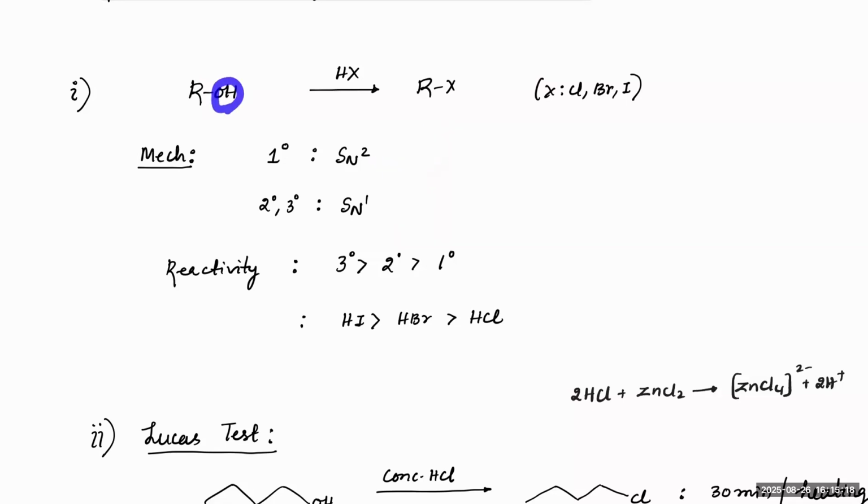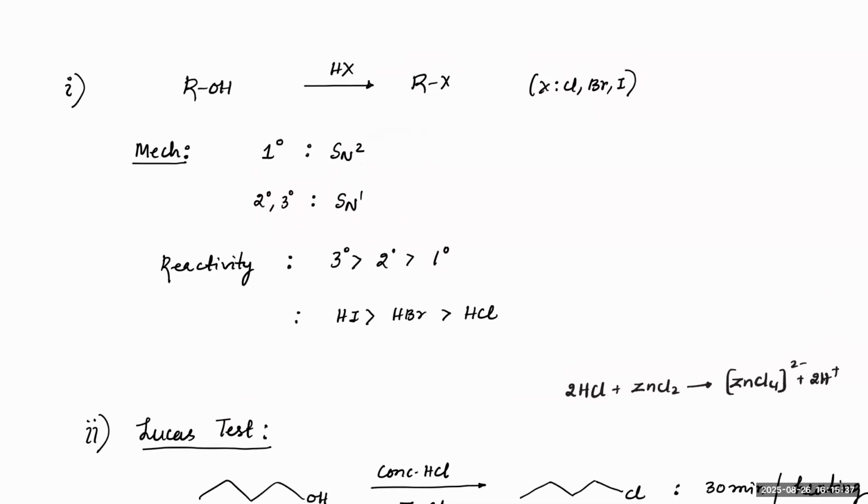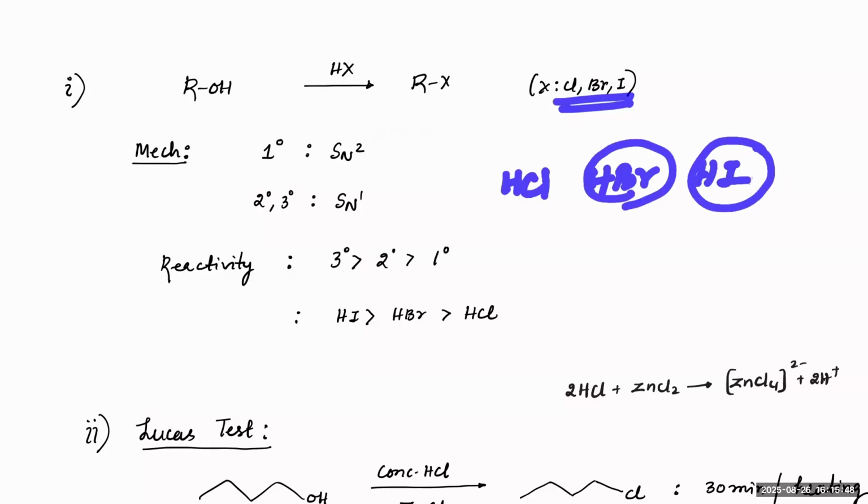If this alcohol is 1 degree, usually SN2 is more preferable. If it is 2 degree or 3 degree, SN1 is more preferable. Reactivity wise, 3 degree is more reactive than 2 degree than 1 degree. And among halides, HI is more reactive than HBr than HCl.